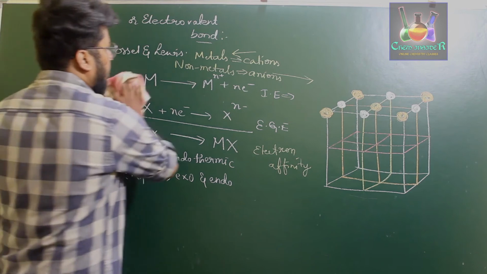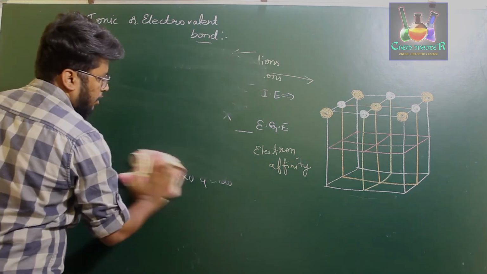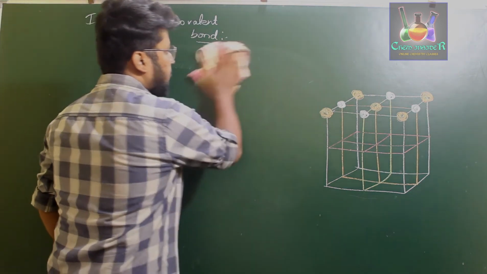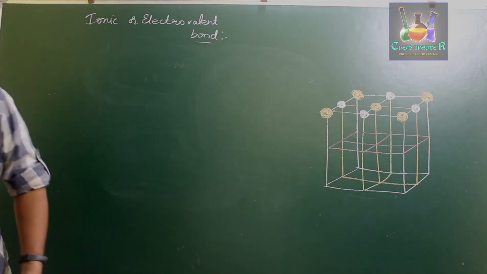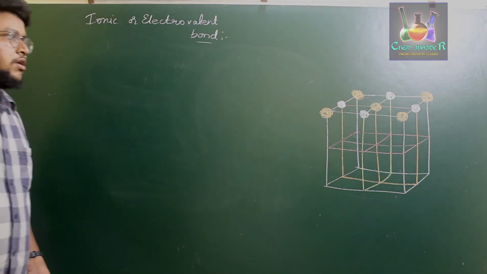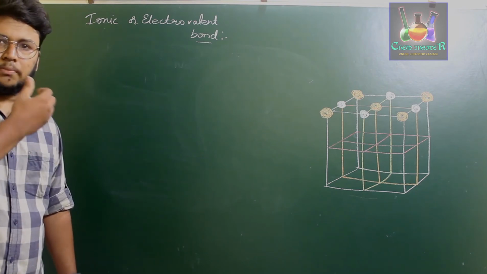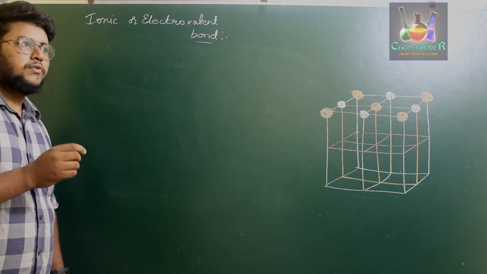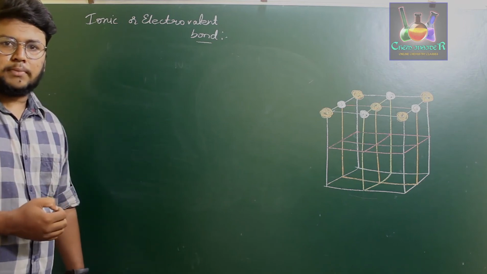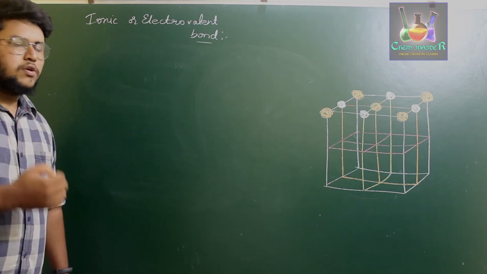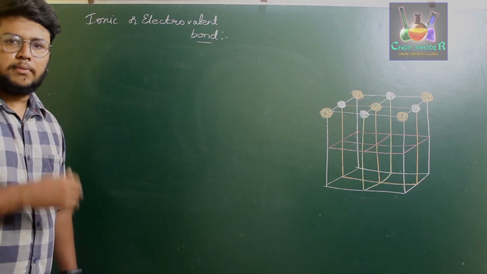Whenever ions like cations and anions have to be arranged in a given cubical structure, Lewis said the valence electrons present in them should be arranged in a cubical manner, right? So now instead of electrons being arranged in the cubical manner, let us consider cations and anions being arranged in the cubical manner.